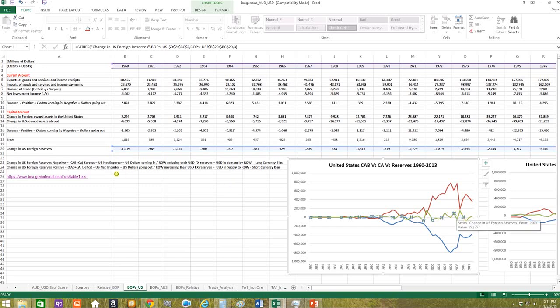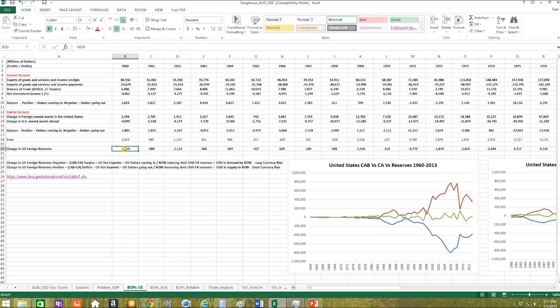The green line that you see is the balancing item, and essentially the change in US foreign reserves. Now, if you go up to the current account balance first, you'll see that overall in 1960 we get a positive number.